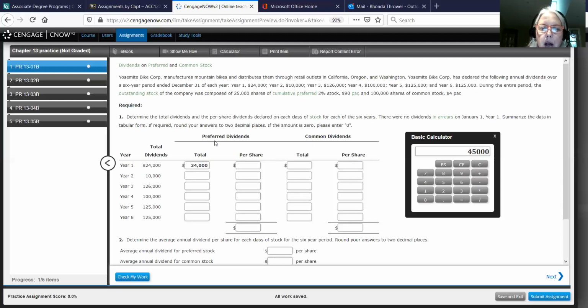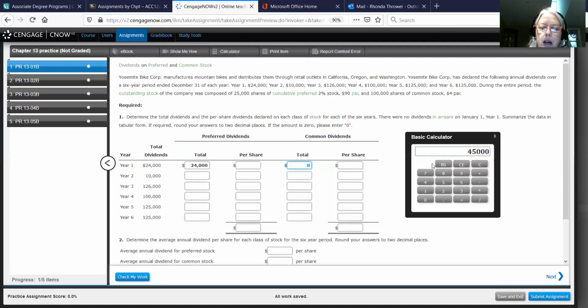Since preferred stockholders have preference to dividends, in other words, we pay our dividends to our preferred stockholders before we pay our common stockholders, in this case, the preferred stockholders got everything that we declared during this period of time. So our common stockholders would get none.